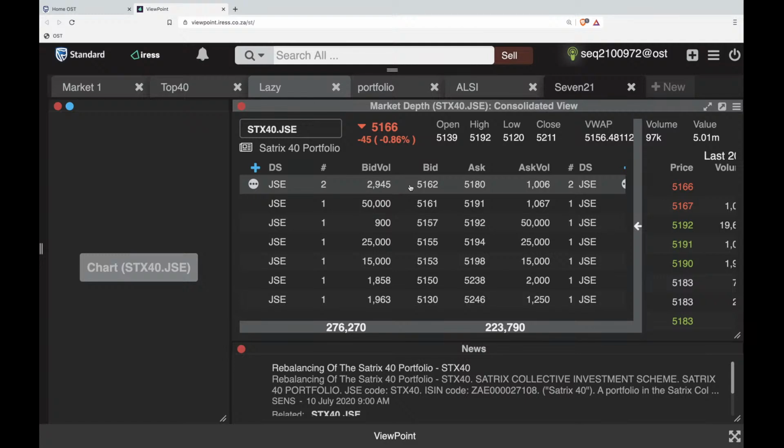Now, Satrix steps up to 51.63, they get ahead of the price. And interestingly, that little 2944 looks like a market maker because they're also changing on the fly. So maybe it is, but it's a time price thing.